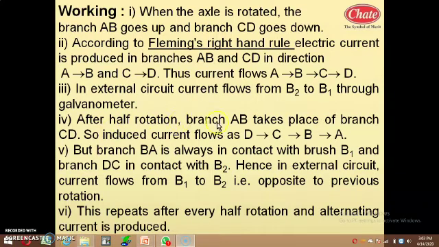After half rotation, branch AB takes the place of branch CD, and CD takes the place of AB.